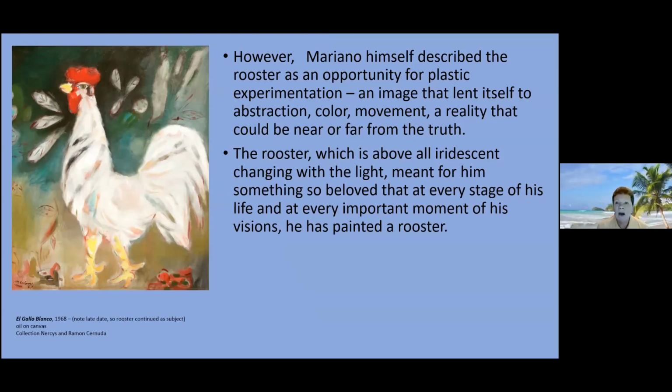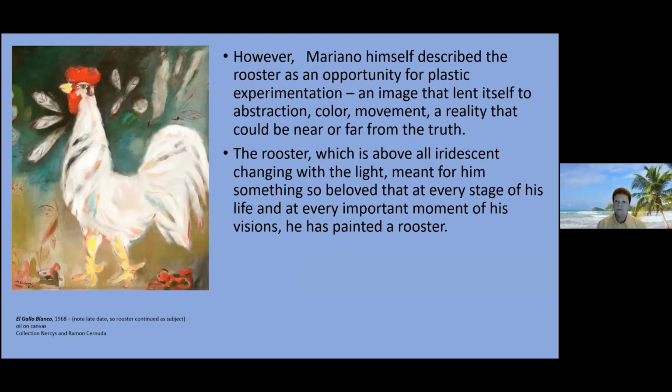However, Mariano himself described the rooster as an opportunity for plastic experimentation, an image that lent itself to abstraction, color, movement, a reality that could be near or far from the truth.